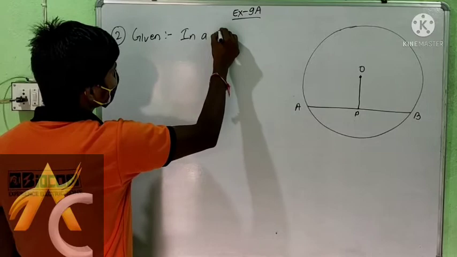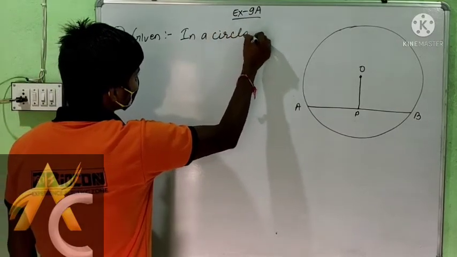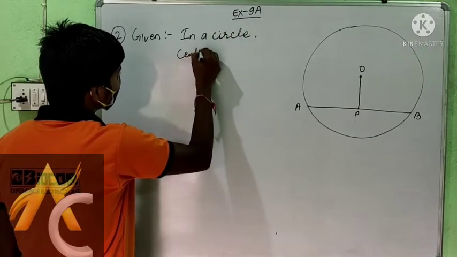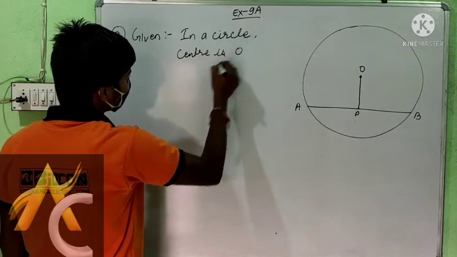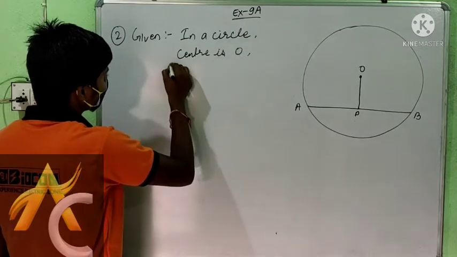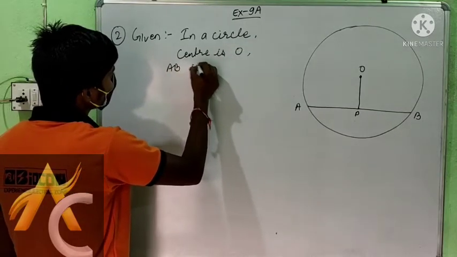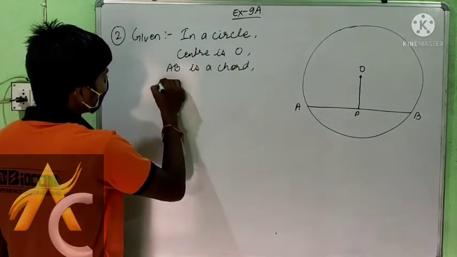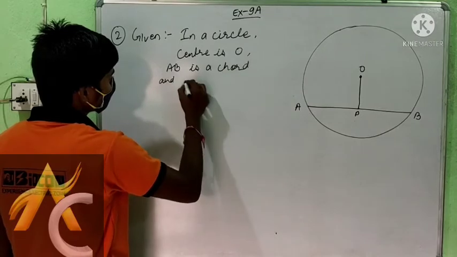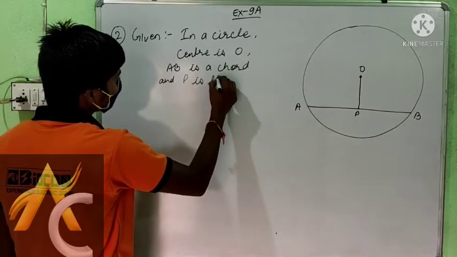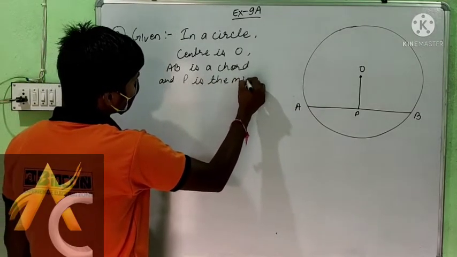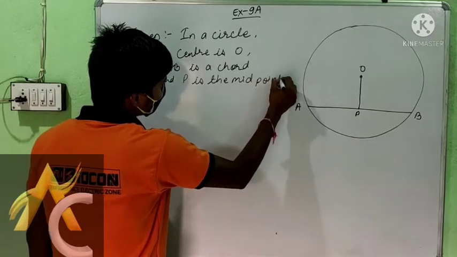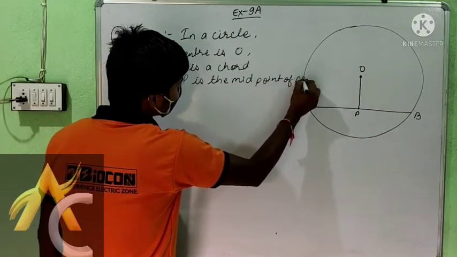So it is given that in a circle, center is O, AB is a chord and P is the midpoint of AB.